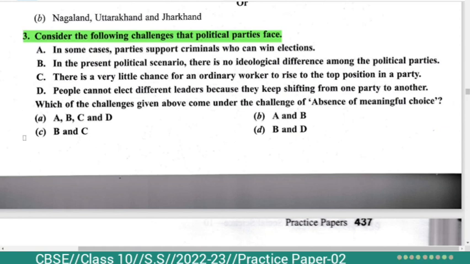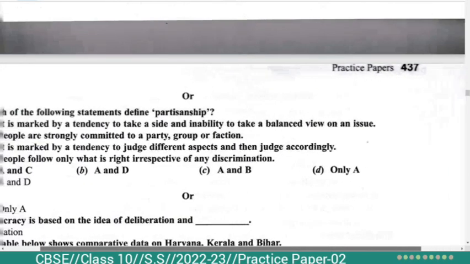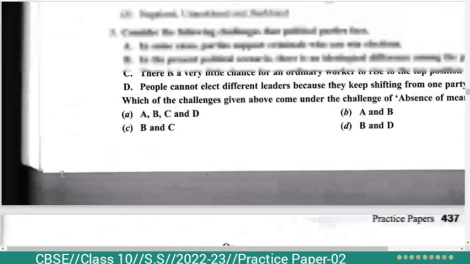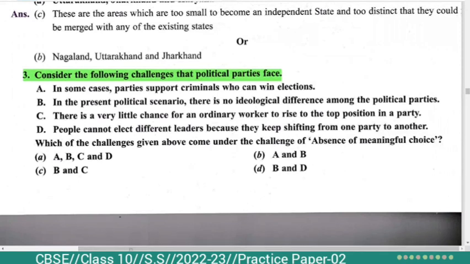Here the given options are A. A and D, B. A and B, C. B and C, D. B and D. Here the correct answer is option D, that is B and D.